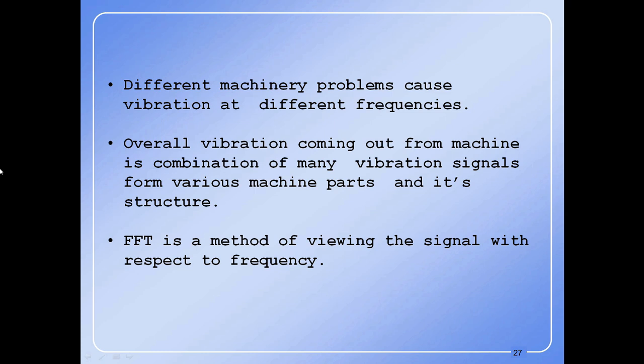Different machinery problems cause vibration at different frequencies. Overall vibration coming out of a machine is a combination of many vibration signals from various machine parts and its structure. FFT is a method of viewing the signal with respect to frequency.